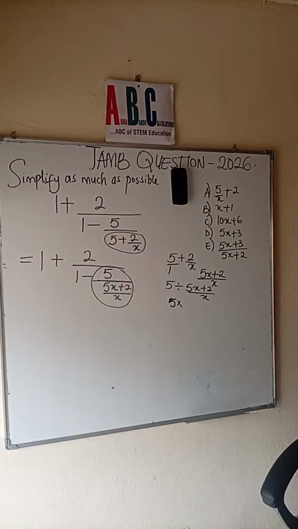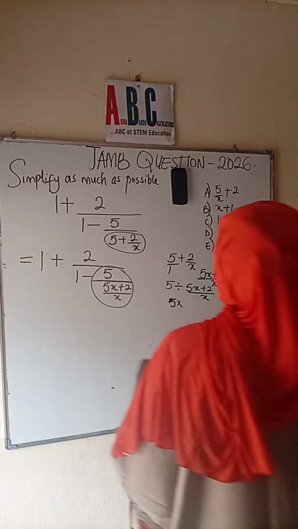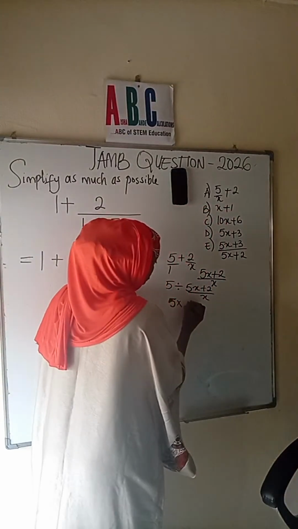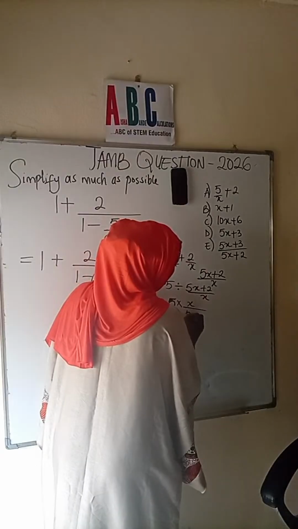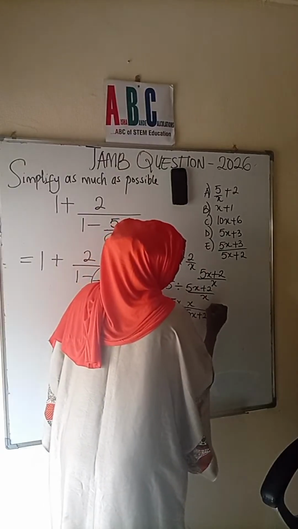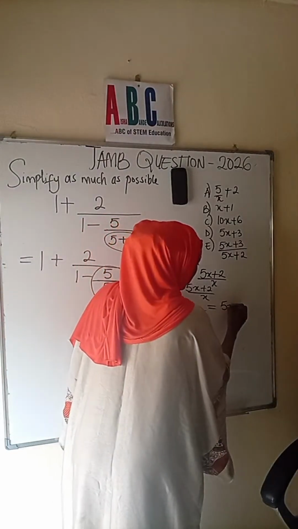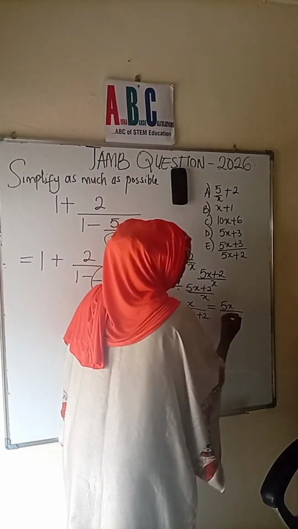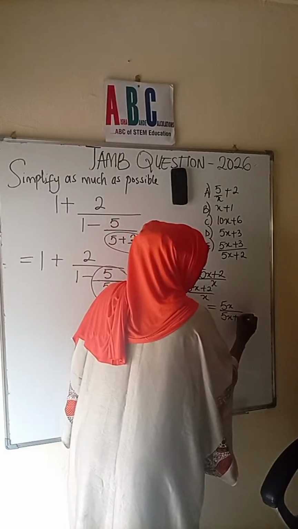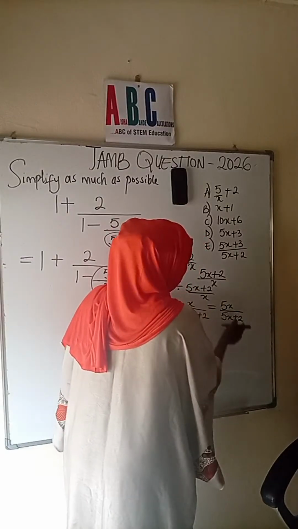Thank you, Sultan on YouTube. Yes, it will flip, right? Good. So this becomes x over 5x plus 2. Let's simplify this: 5 times x will give us 5x over the denominator 5x plus 2. So I've simplified this now to become this.